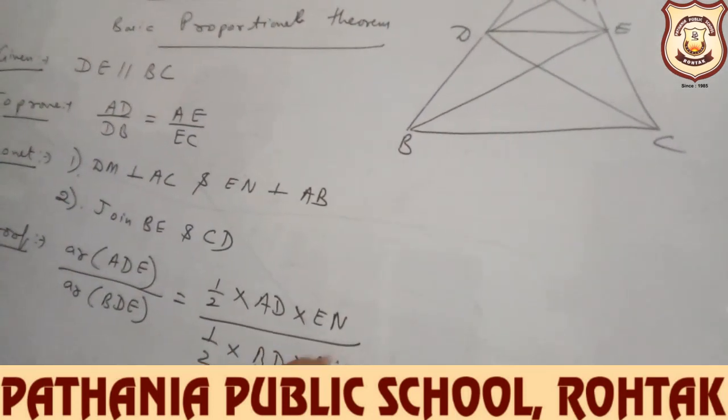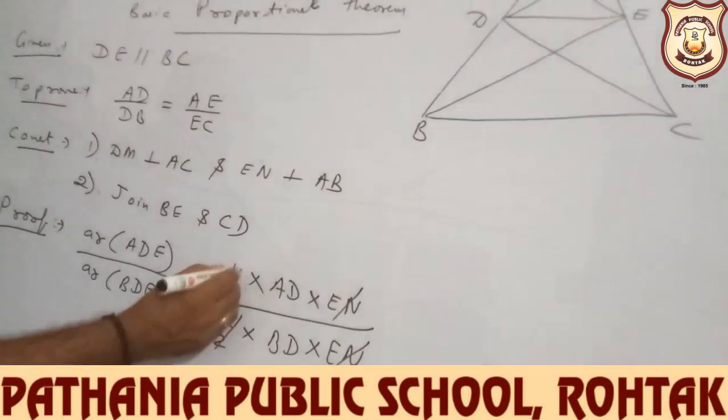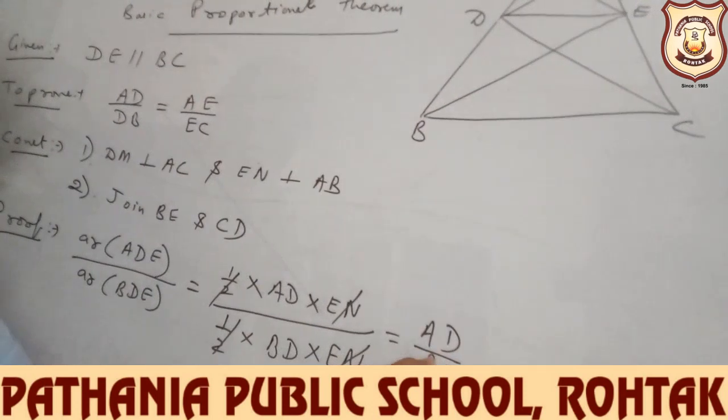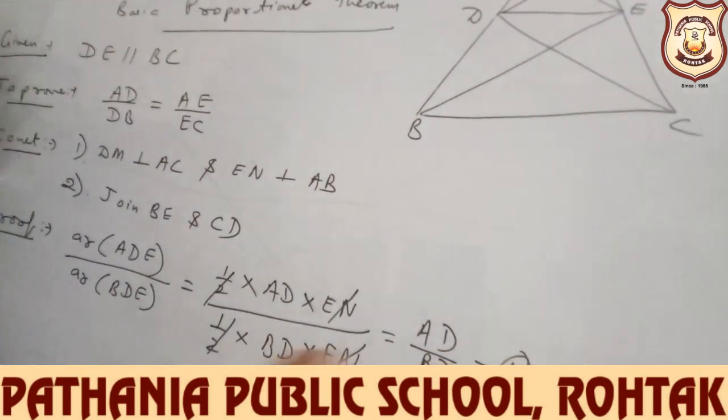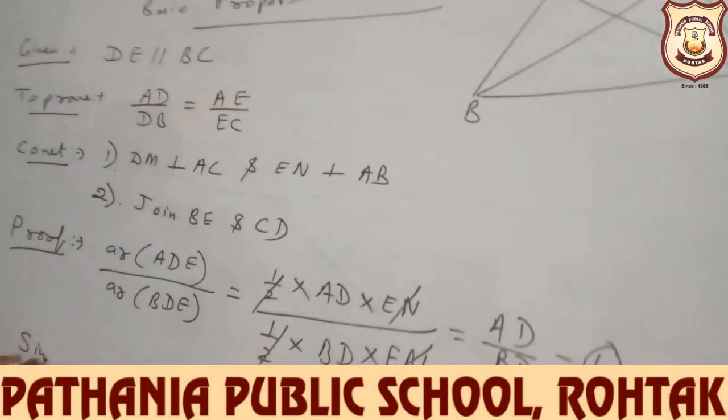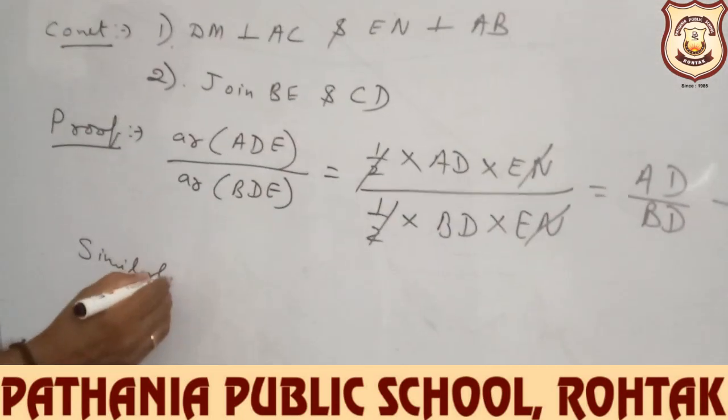Here in this triangle, base is BD, height is EN. EN cancels with EN, half with half. AD upon BD. Mention this as 1.